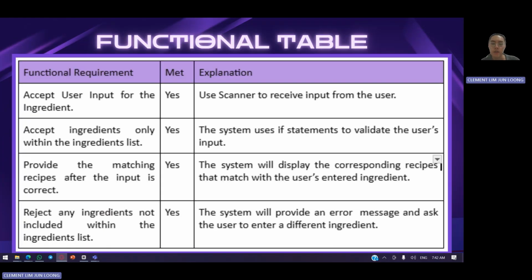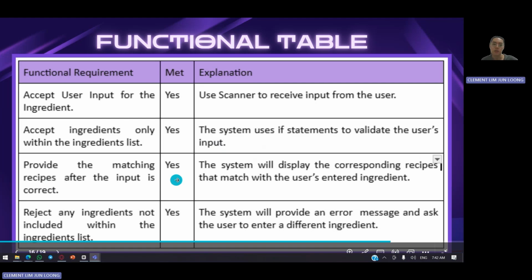So let's look at the functional table. Functional requirement, accept user input for the ingredient. This is met because it uses scanner to receive the inputs from the user. Functional requirement number 2, accept ingredients only within the ingredients list. Met? Yes, because the system uses if statements to validate the user's input. Next, functional requirement number 3, provide the matching recipes after the input is correct.